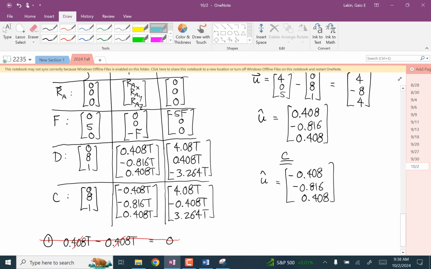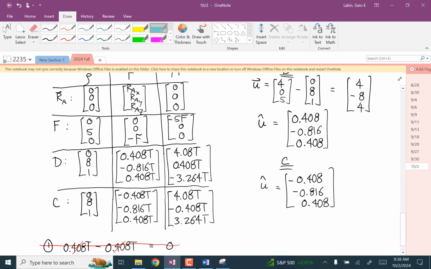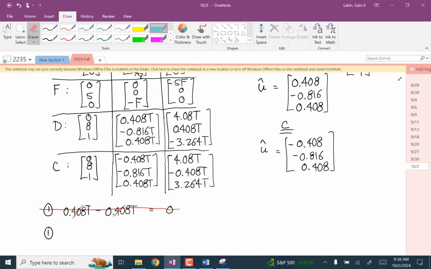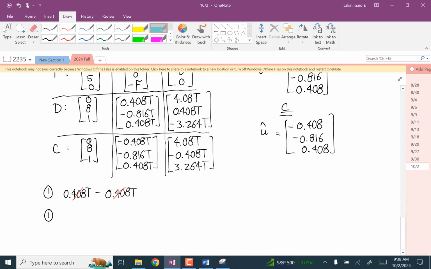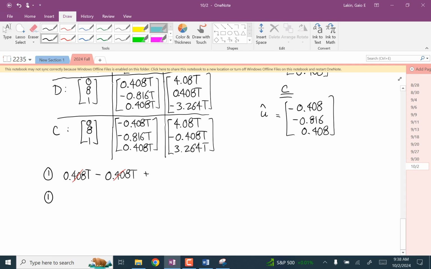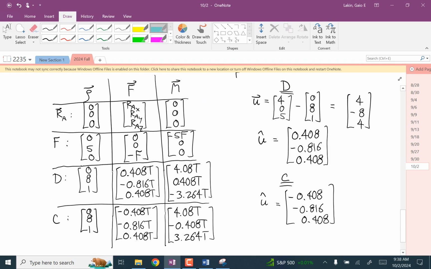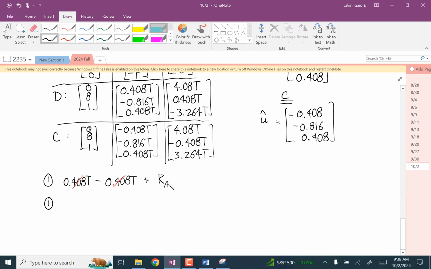And so we have a new first equation. Oh, it doesn't all go away. I missed this one. Plus RAX is equal to 0. So right away you can tell that RAX is equal to 0.